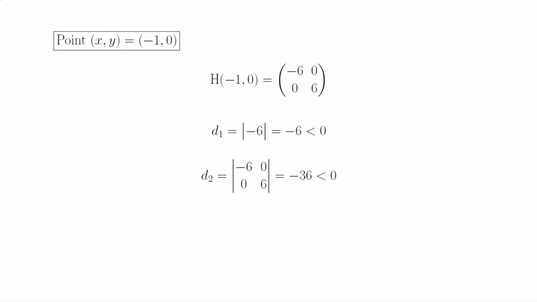Now consider the point -1, 0. The Hessian matrix evaluated here looks like this. The first leading principal minor is just the upper leftmost entry, which is -6, and it has negative sign. The second leading principal minor happens to be the determinant of the full 2 by 2 matrix, which is now -36 with negative sign.